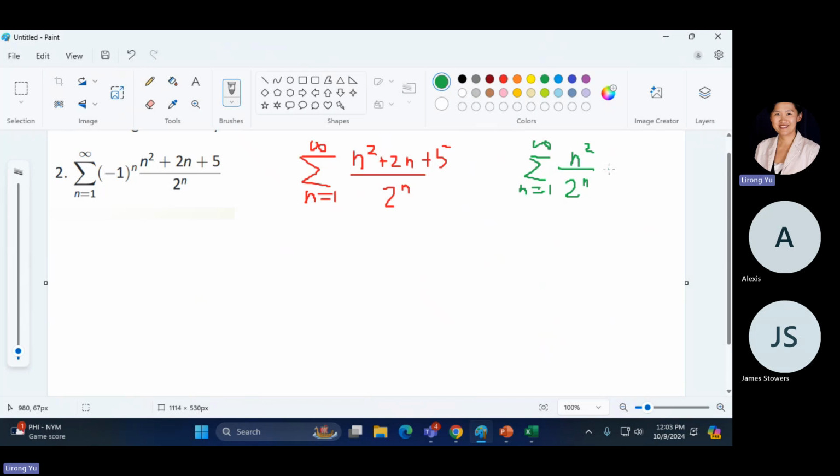So now let's look at the green one. We can do the so-called root test. I see a power n, so we can run the root test. We take the nth root of n squared over 2 to the power n.